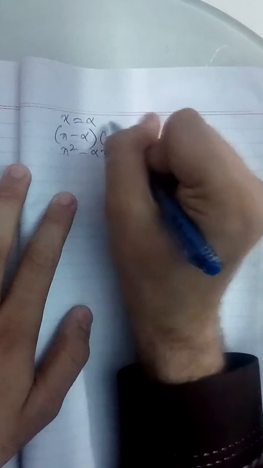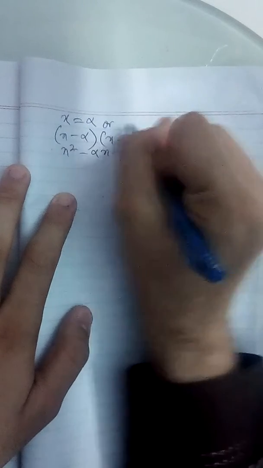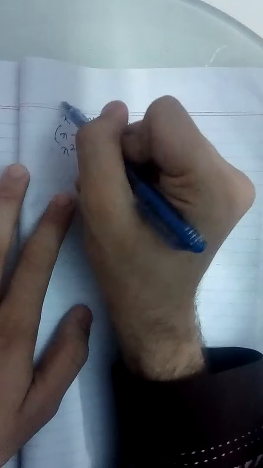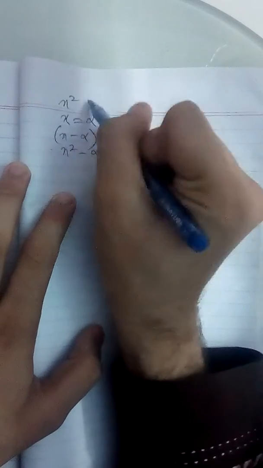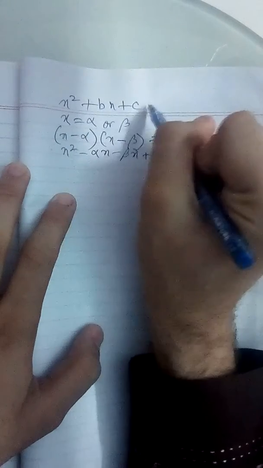Above that I would write that the roots of the equation are x is equal to alpha or beta. An equation is of the form x square plus bx plus c is equal to 0.